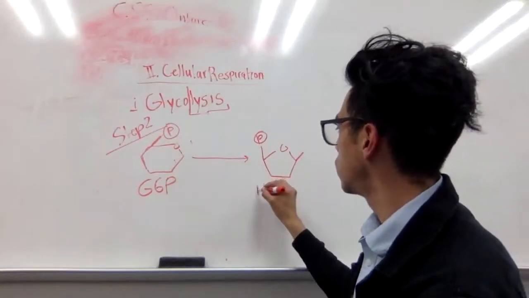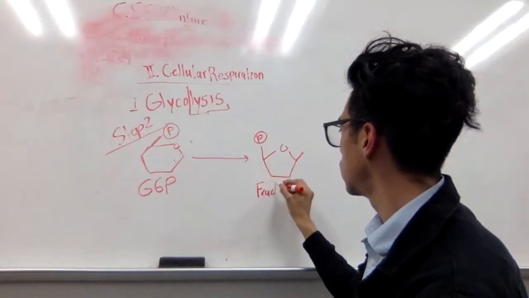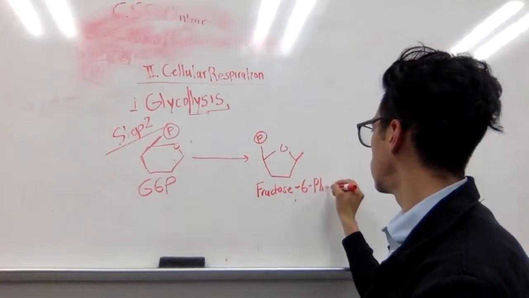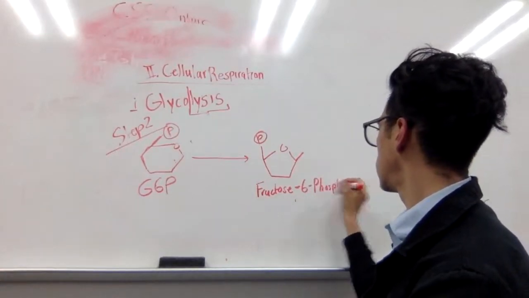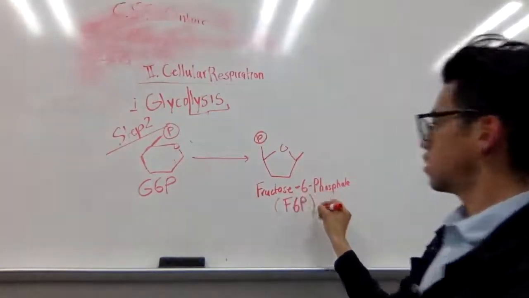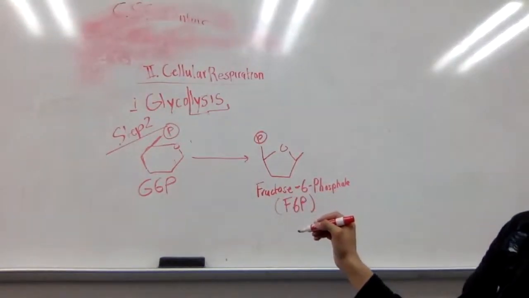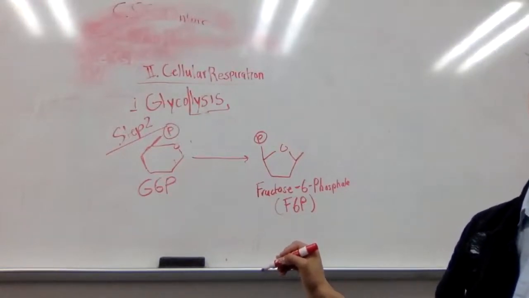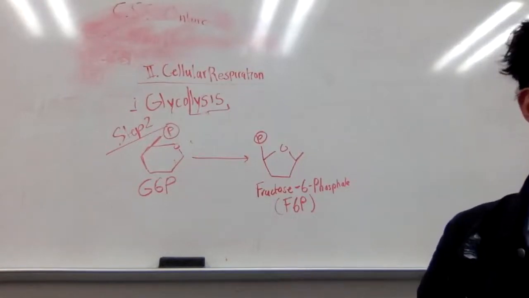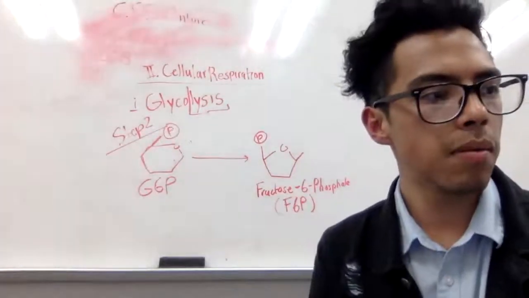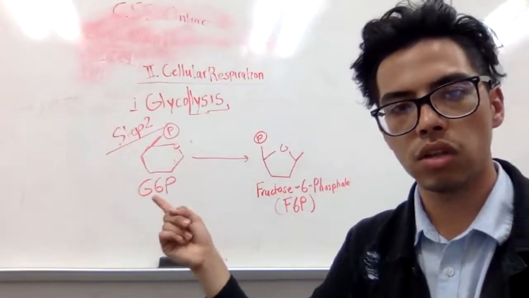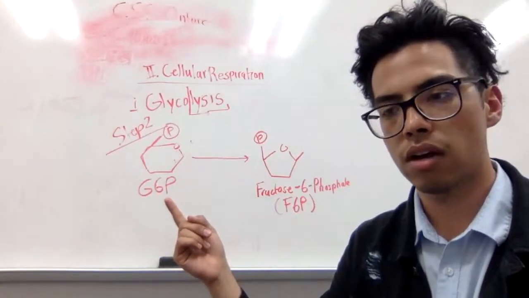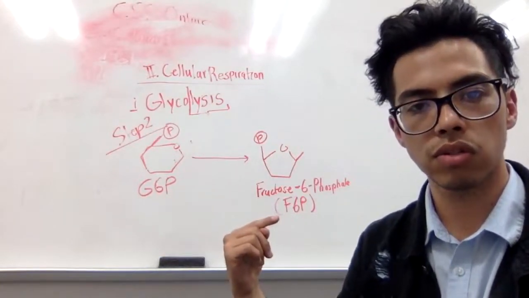This right here is fructose 6-phosphate, F6P. So I'm changing glucose into fructose. I'm working with G6P because that was what I got from step 1, and now I'm converting it into fructose 6-phosphate.